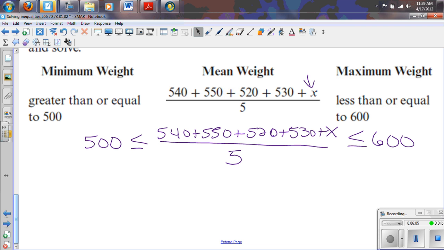Now we have this inequality that we can solve. The first thing we're going to do is get rid of that 5 on the bottom. It's divided, so we're going to multiply everything by 5. And when I say everything, that means all parts here.